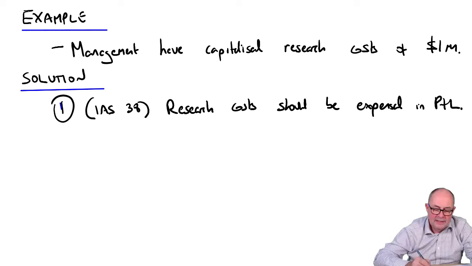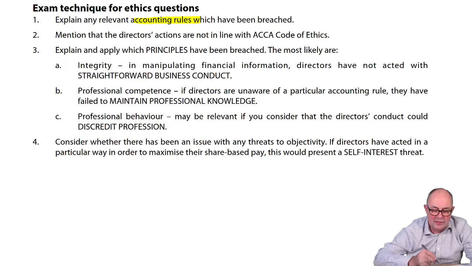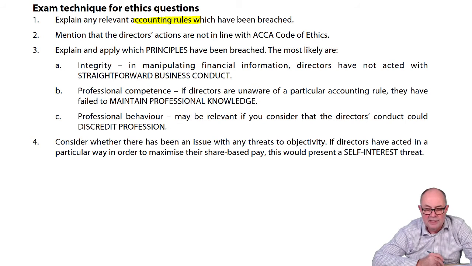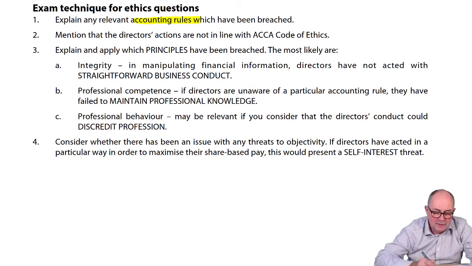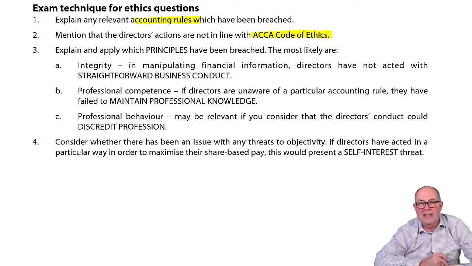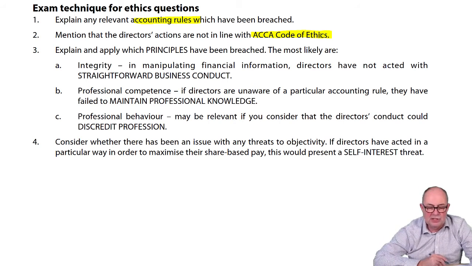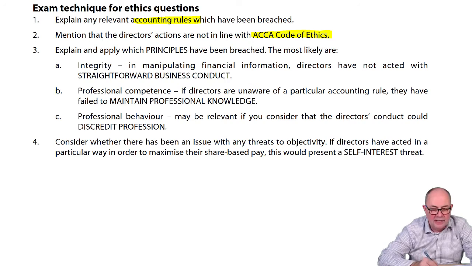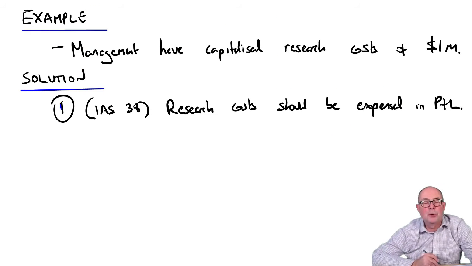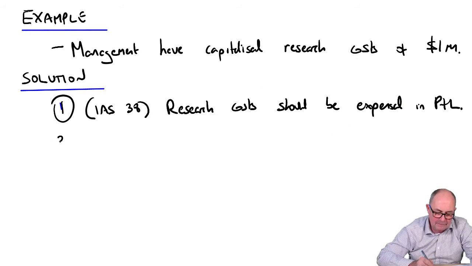Secondly, think about whether there is a breach of principles. Those principles are again set out in the ACCA Code of Ethics. So you can get a mark by just mentioning that, on the assumption the directors or the relevant director is an accountant.